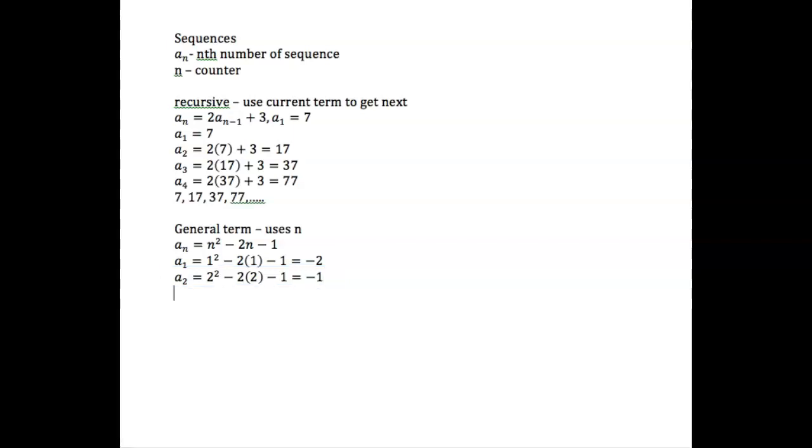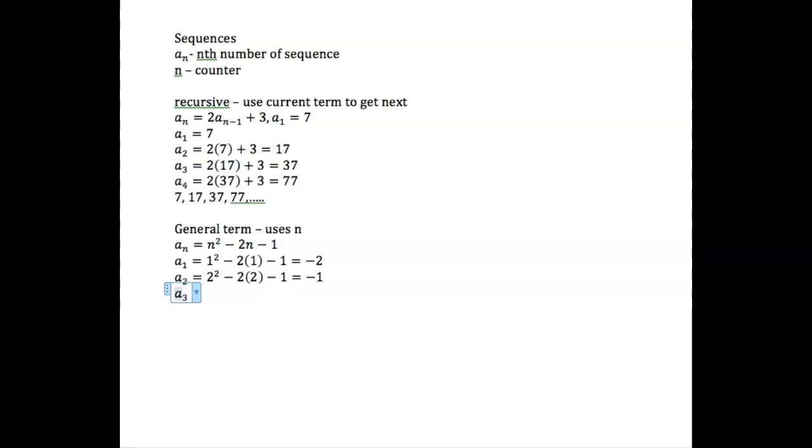The third term, a3. I can't just call it 3 because then I'm going to have 3 equals something and it's probably not going to be equal to 3 on the other side. And we don't want to say something is equal when it isn't.